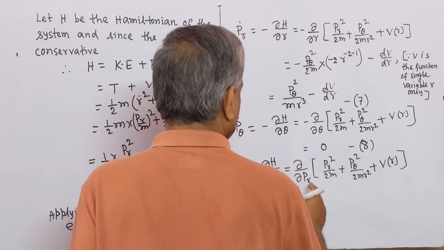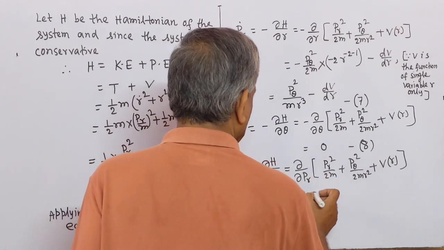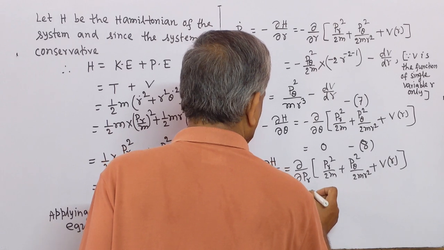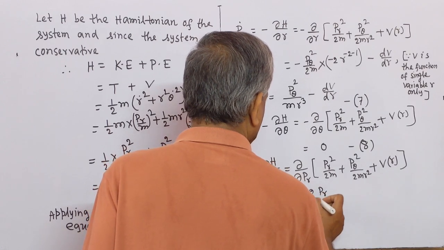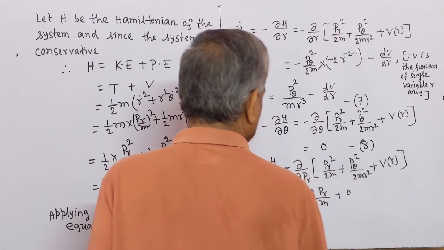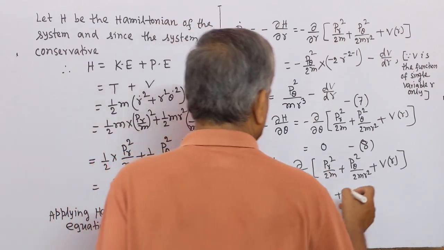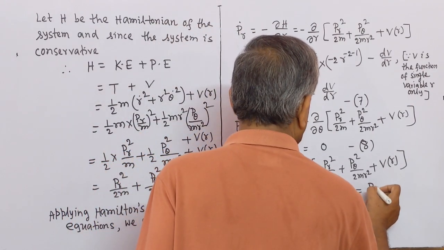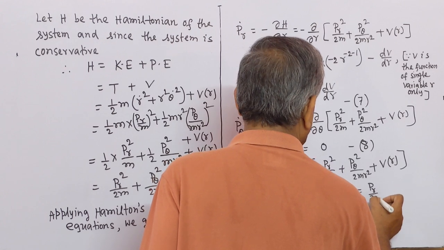Here we get Pr, so this is 2Pr by 2m, other terms 0. This means this is Pr by m.